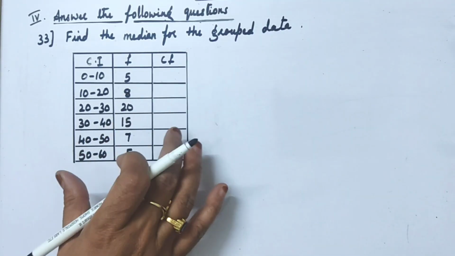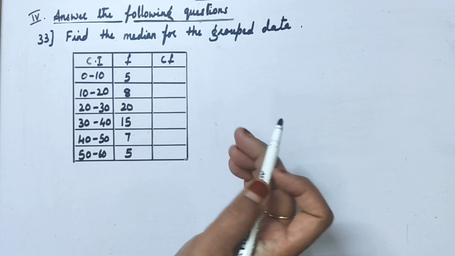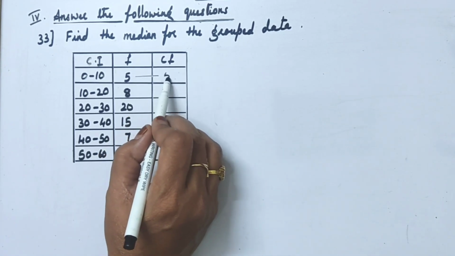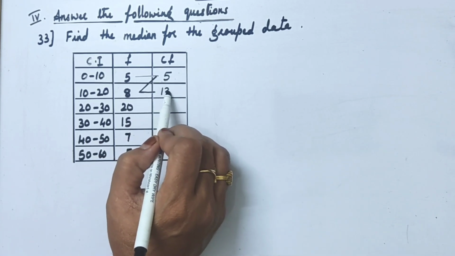Here there's a grouped data. We need to find out the median for this data. So now let us write the first term as it is. Now 5 plus 8 is 13.